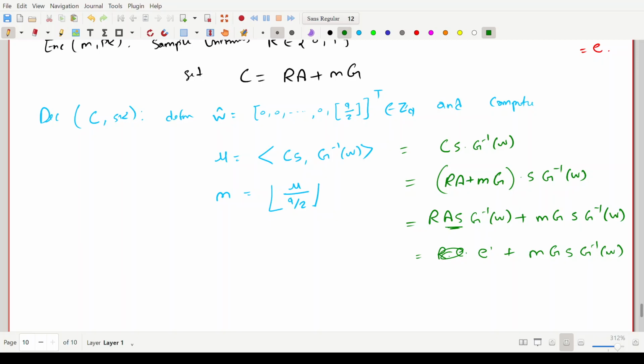This part G inverse W should be on the left, otherwise this multiplication won't be possible.